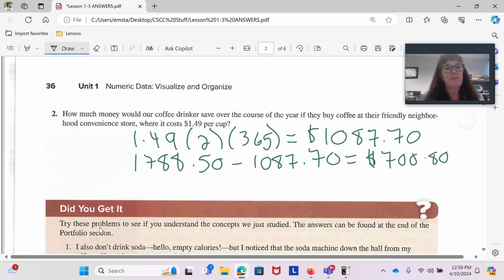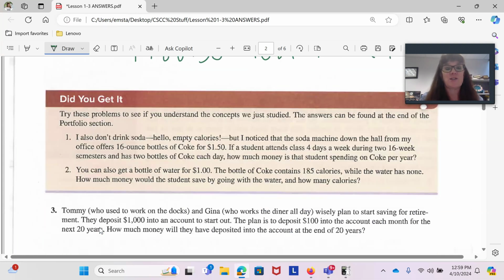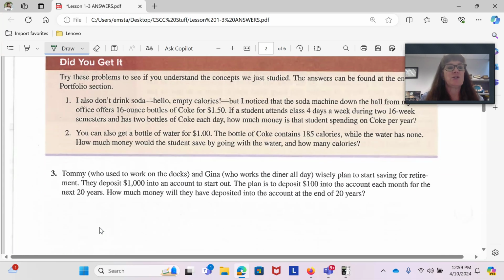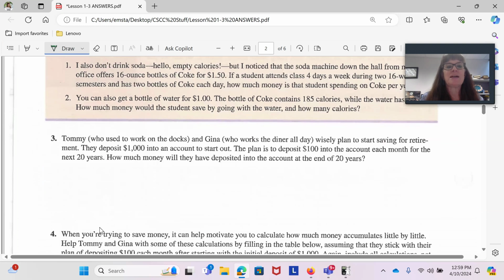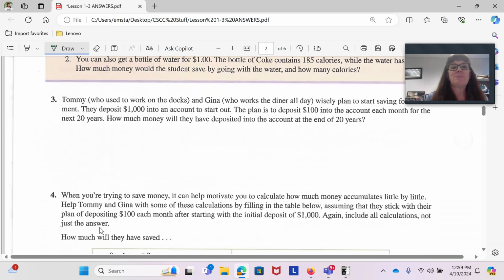So moving on, they do give us some examples in orange boxes. These are great for extra practice, so you could do that. We're going to switch gears, and in number 3, we're going to talk about Tommy and Gina, who are saving for retirement. They start out by depositing $1,000 into an account, and they're going to deposit $100 into the account each month for the next 20 years. How much will they have deposited into the account at the end of 20 years?